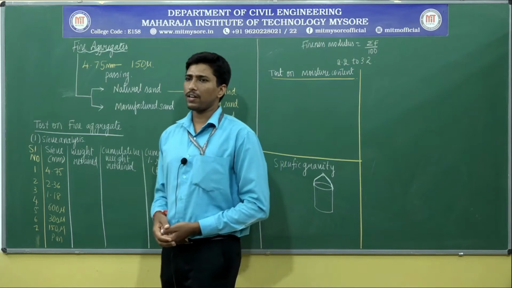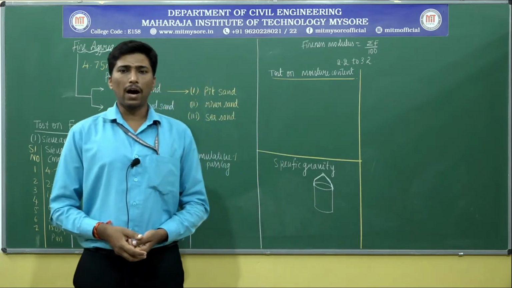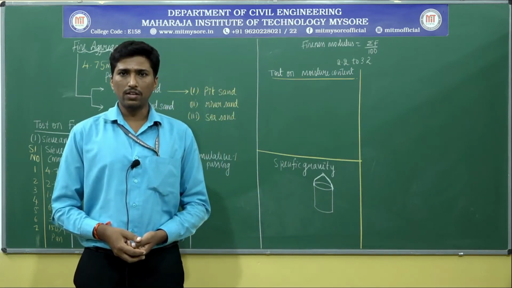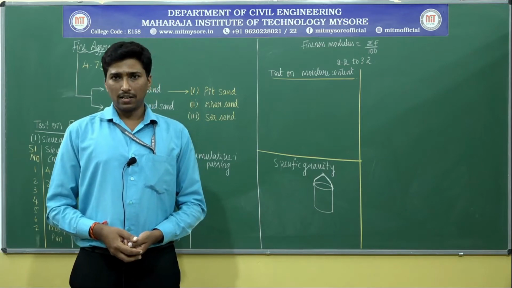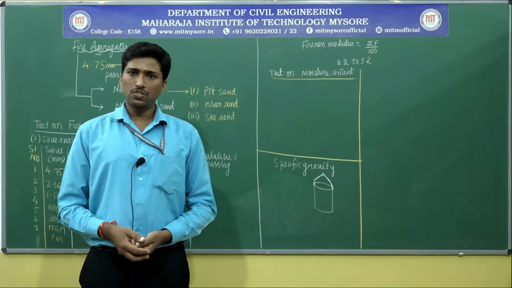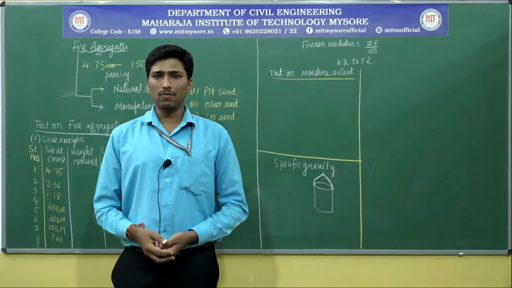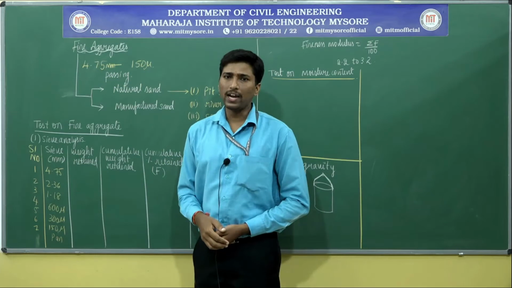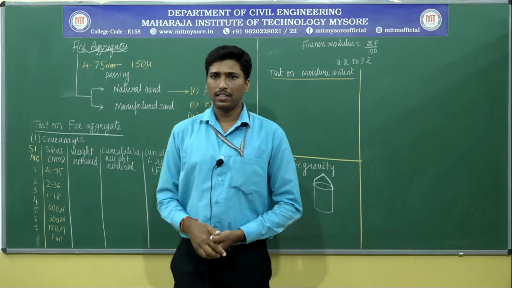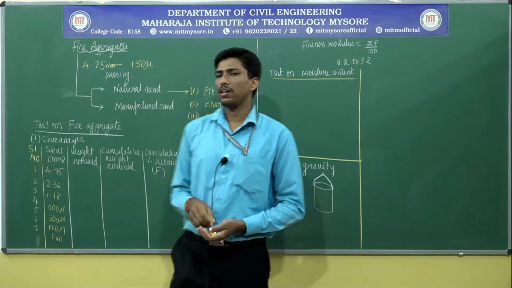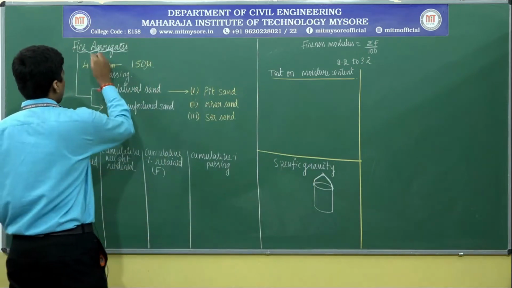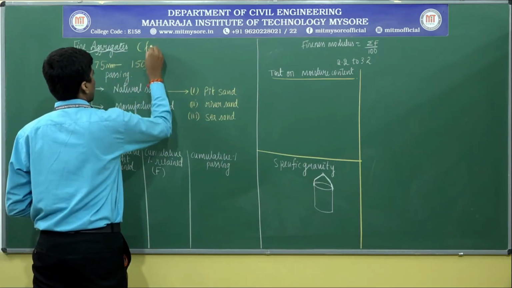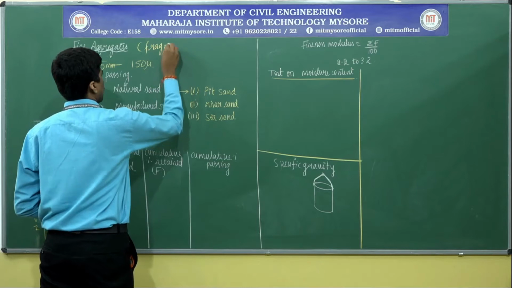What is meant by fine aggregates? Especially the particles which are passing through an IS sieve, with grain sizes from 4.75 mm down to 150 micron, are termed as fine aggregate. Usually the term aggregate means the fragmented portion of the rock.